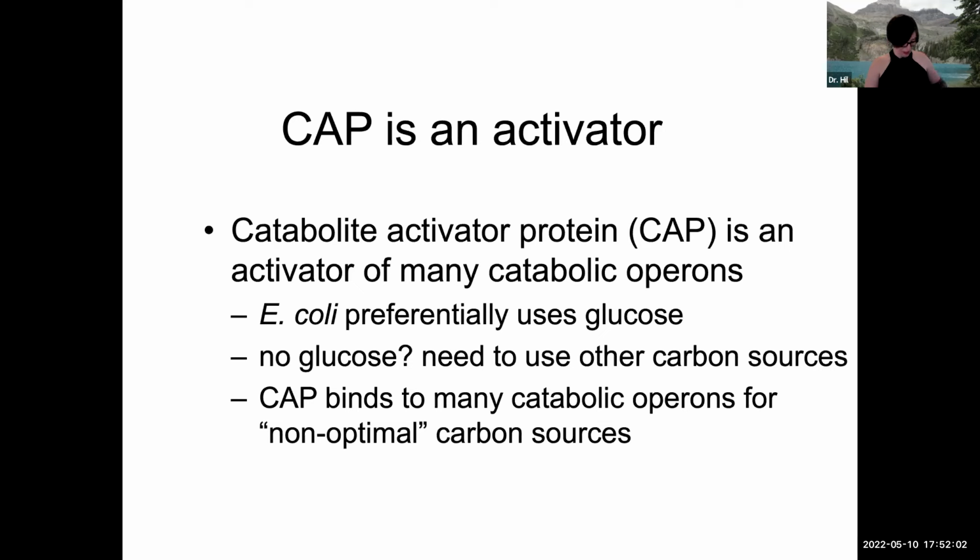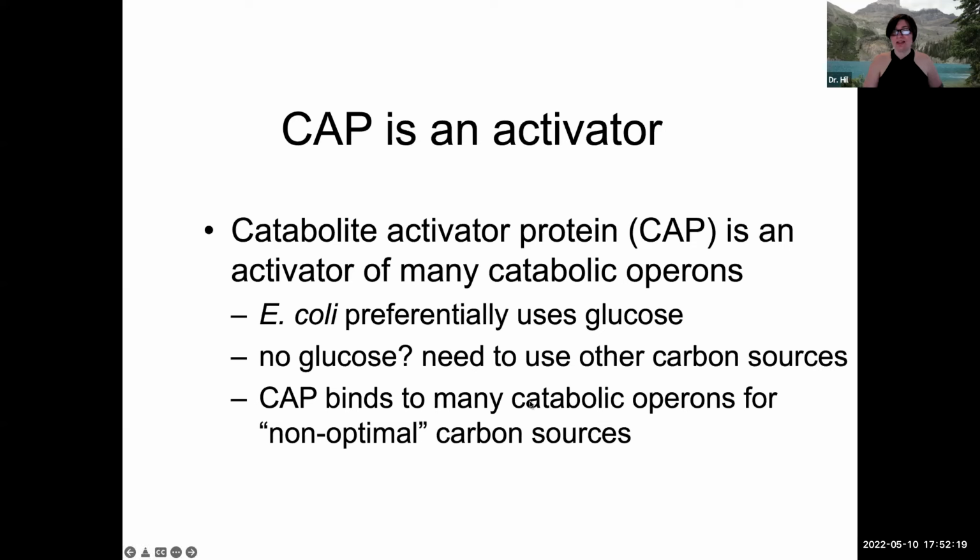When cyclic AMP levels go up, CAP can become activated. And then it goes to bind these operons for catabolic enzymes, not glucose, and it is an activator.